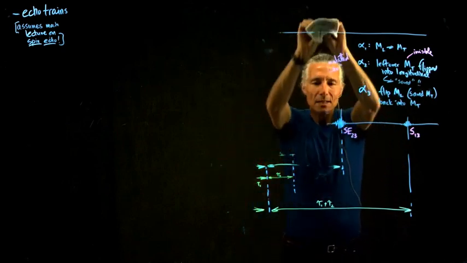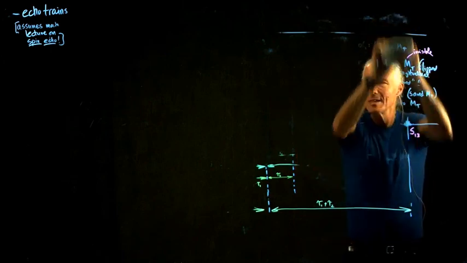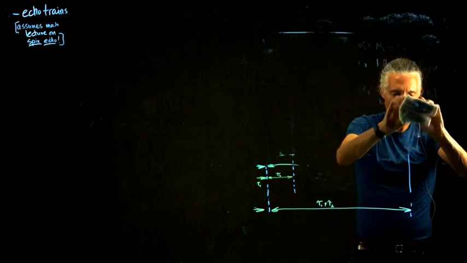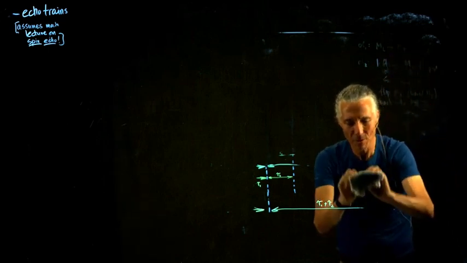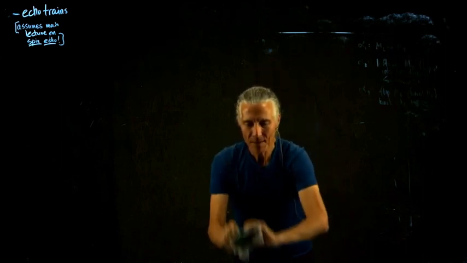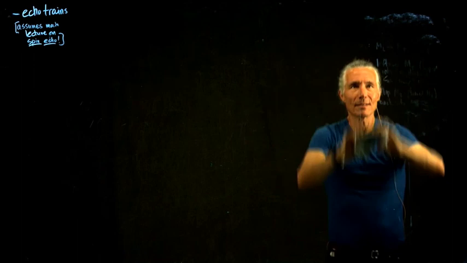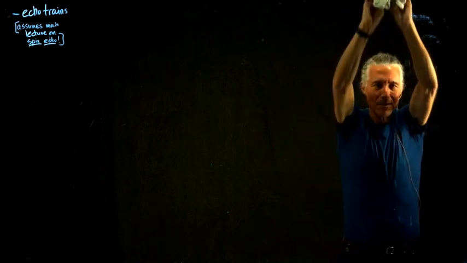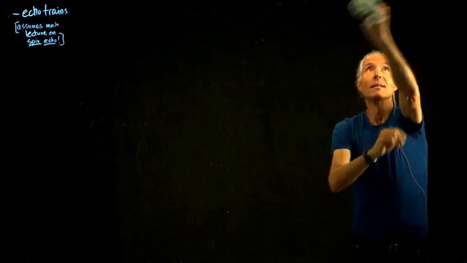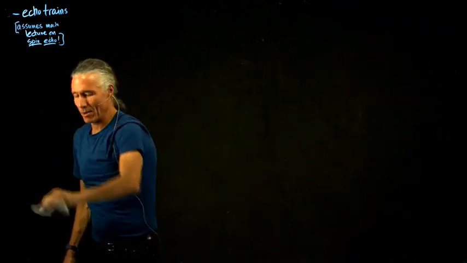So the whole point of echoes is you can't get any data unless you're actually making an echo. We're going to be doing Fourier transforms and other things with the echoes. But if you don't have an echo, then you've got nothing to record. So all the data that you're recording is always going to be in the form of an echo.